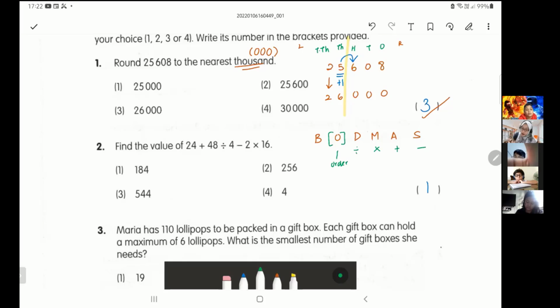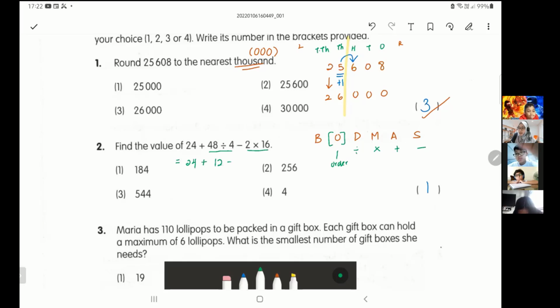The order is, if I see division, I do division first, followed by multiplication, and then plus and minus. But if minus and plus come side by side, whichever comes first, you do first. So 24 plus 48 divided by 4 is 12.